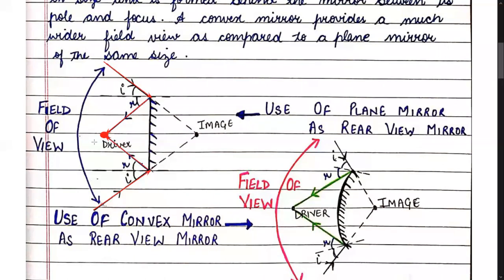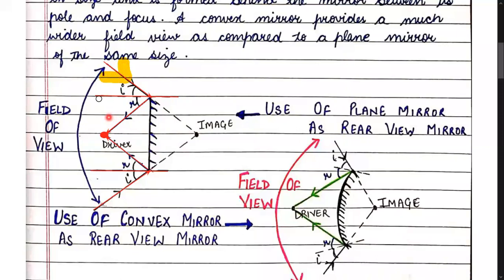So if we draw a normal in between these, angle between incident ray and the normal is angle of incidence, while angle between reflected ray and normal is angle of reflection. Kindly note the arrows here.